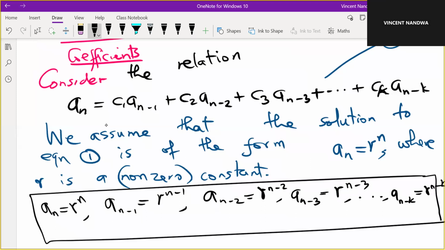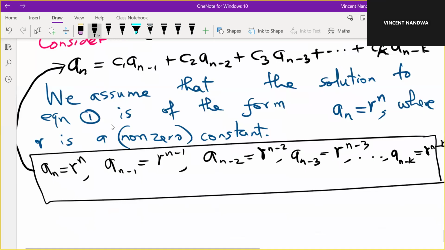So then we are going to substitute this into this equation, because now when you say it's a solution, then they must also satisfy the equation itself. So where there's a power n, we replace by r power n. Where there's a n minus 1, we replace by r power n minus 1. Where there's a n minus 2, we replace by r power n minus 2.